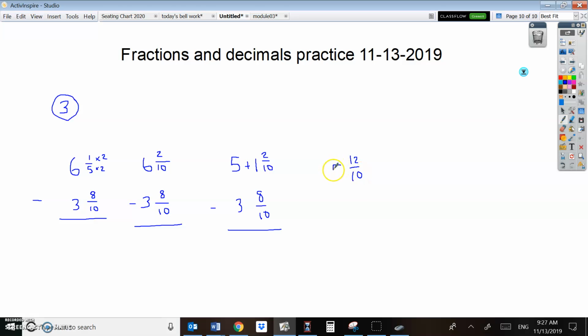So that's 5 and 12 over 10 minus 3 and 8 over 10. So it's 2 and 4 over 10, but simplify that to 2 and 2/5.